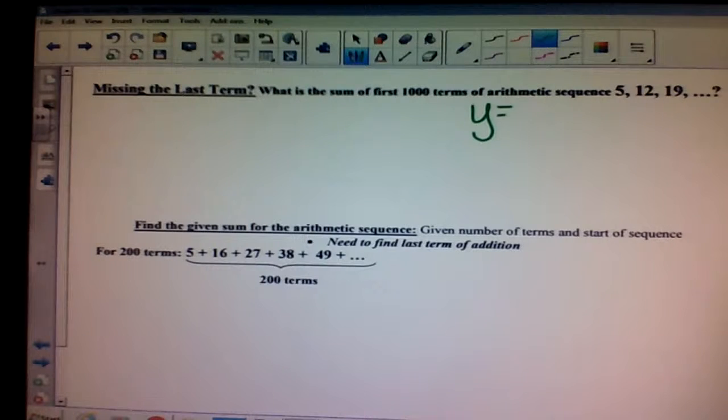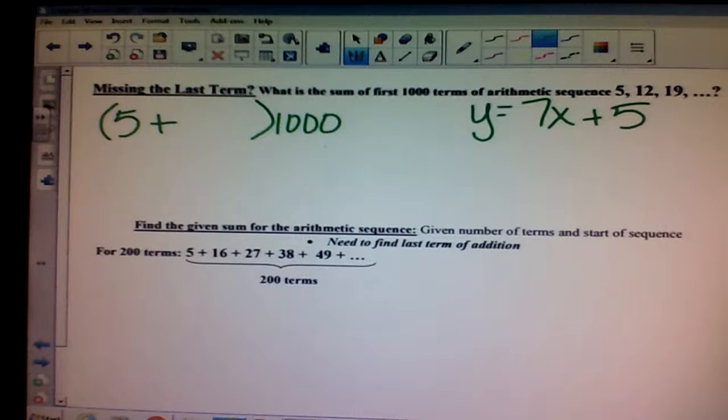So y equals, what's my slope? 7x. What's my first term? 5. Okay, now what? All they tell me right now is my first number is 5. They don't give me the last term. They tell me that I have 1,000 terms. And I have to divide by 2.